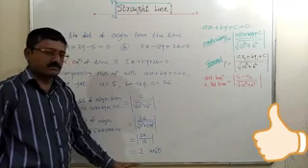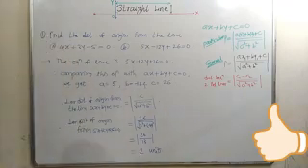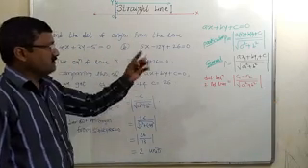Don't write plus minus 2 units here because it's a distance, it is always positive. So this is the way to find the distance of origin from the line. That will be very simple.